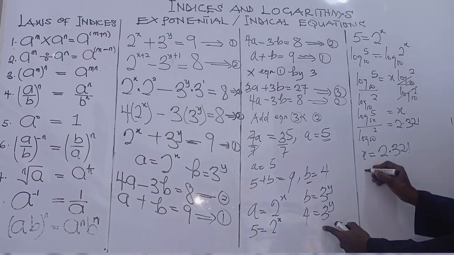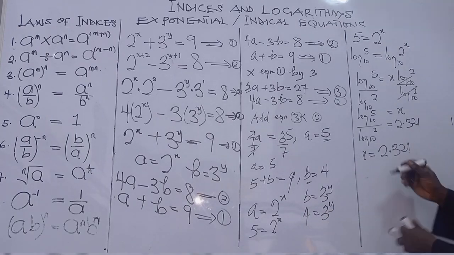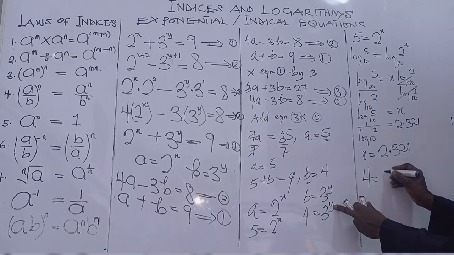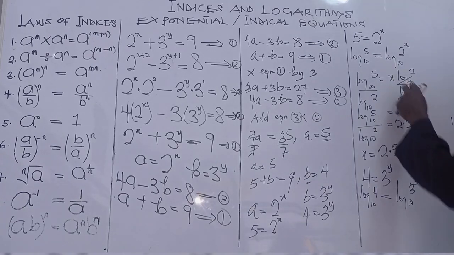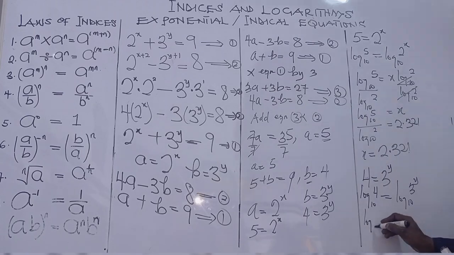Now let's find the value for y. So we said that 4 is equal to 3 raised to the power y. Since the bases on either side of the equal sign can't be the same, we have to introduce logarithm to the base of 10 on either side of the equal sign. Applying the property of logarithm as we applied here, we shall have y log 3 to the base of 10.